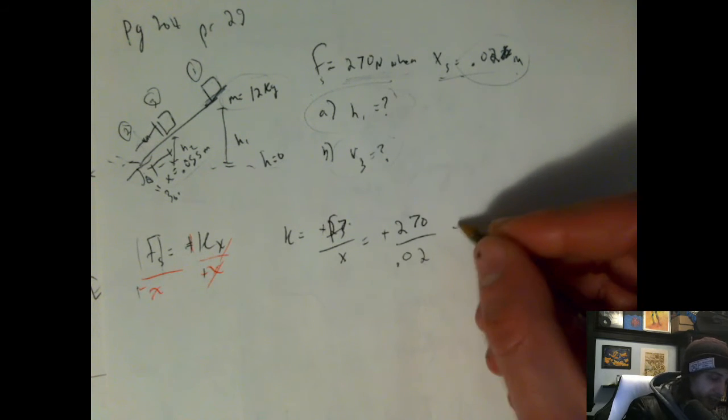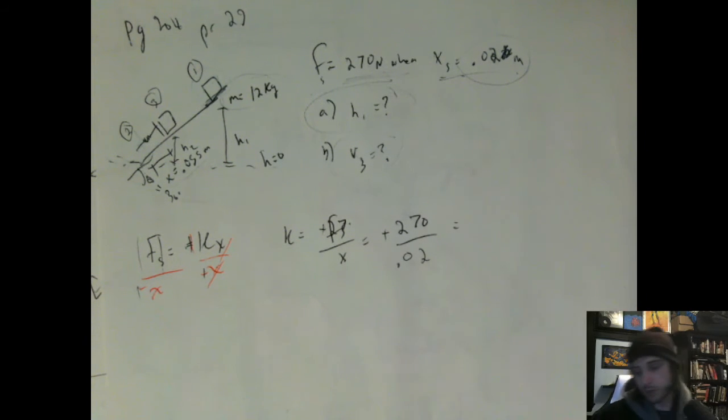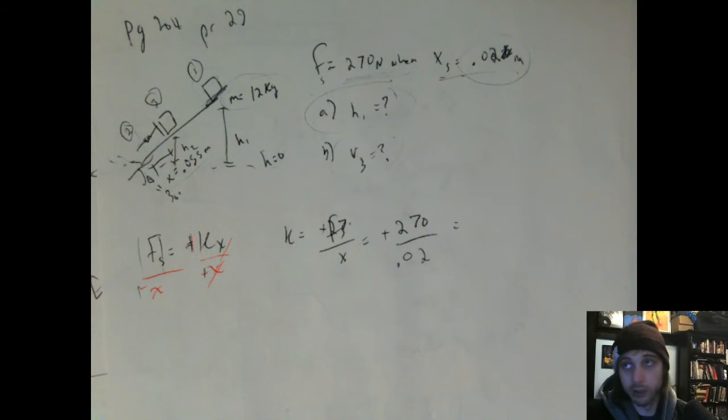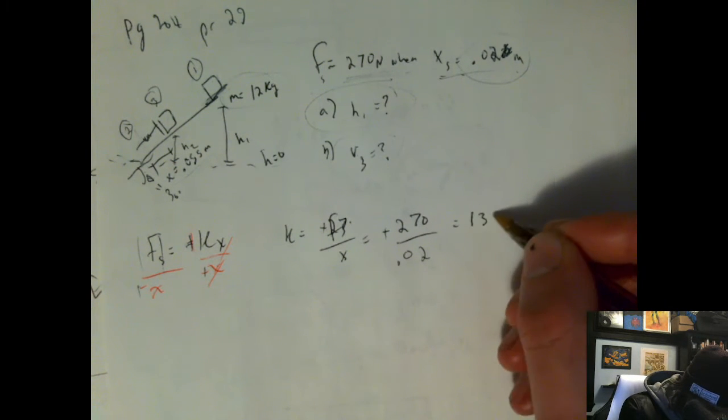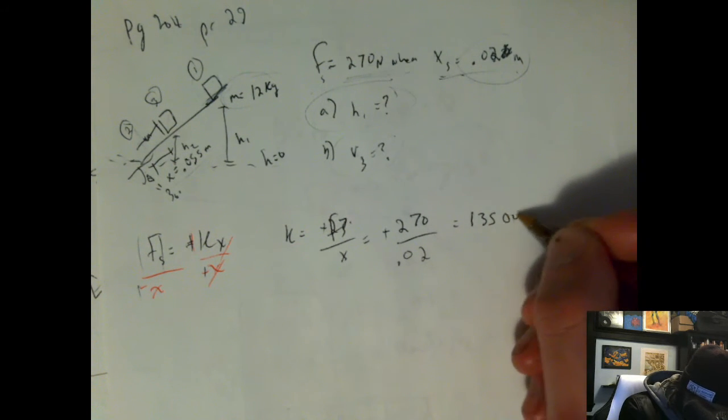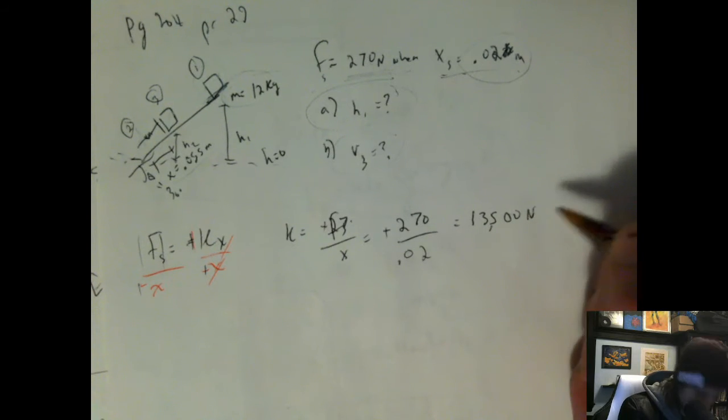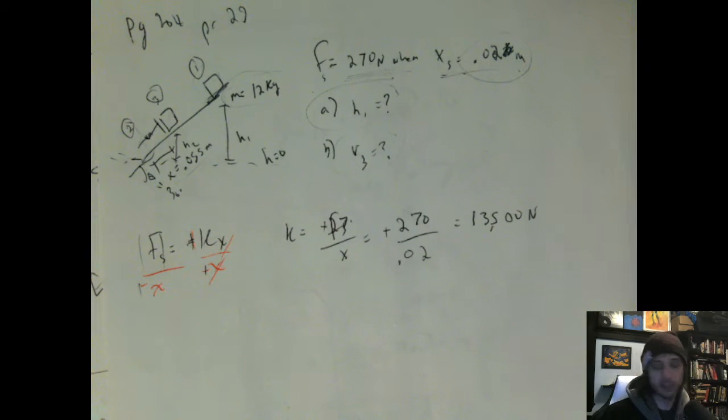So 270 divided by 0.02 is equal to 13,500 newtons per meter. So for every meter this thing is compressed, it gives back a lot of force, which pretty much just means that we're not going to compress this thing a meter.